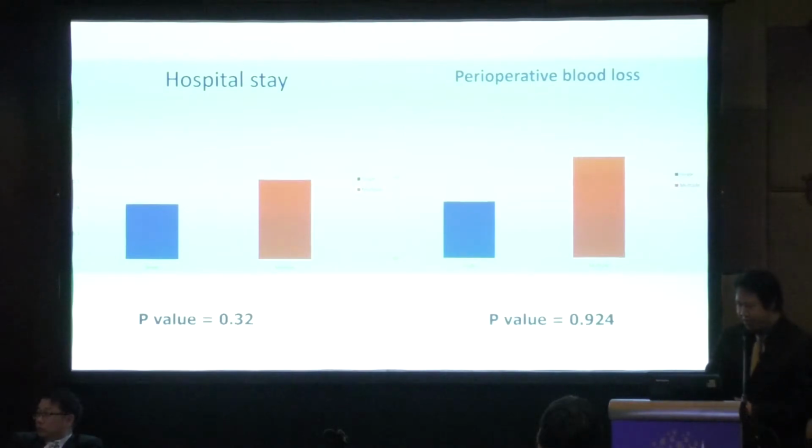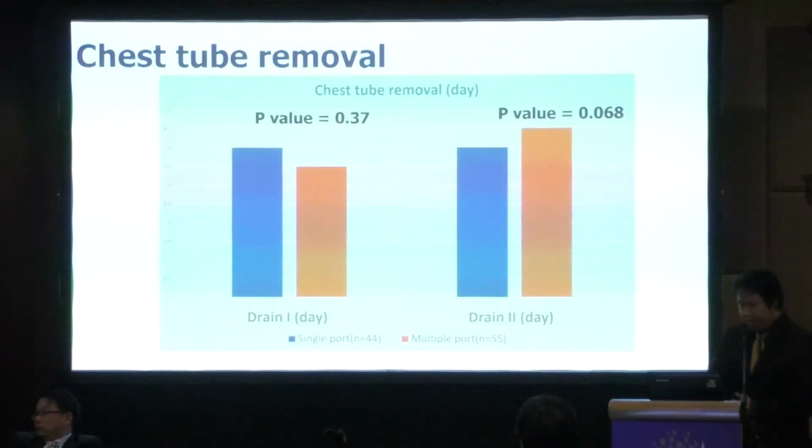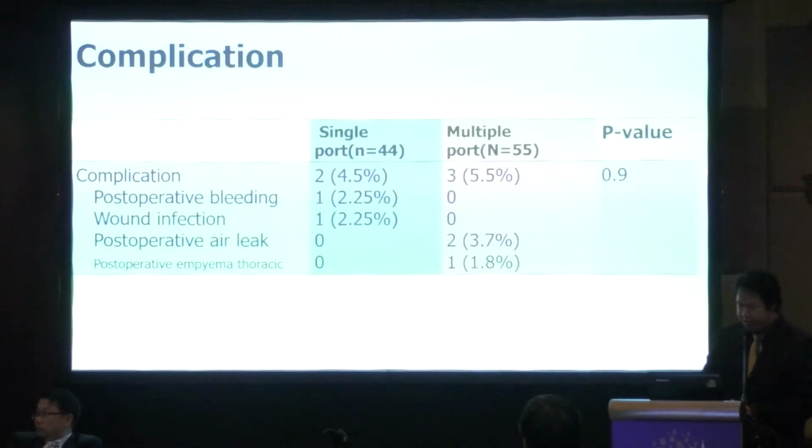Hospital stay and perioperative blood loss were not significantly different between both groups. Chest tube removal at day 1 and day 2 was not significantly different. Complications in the single port and multiple port groups were not significantly different.